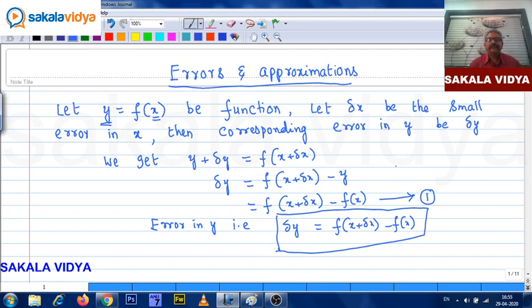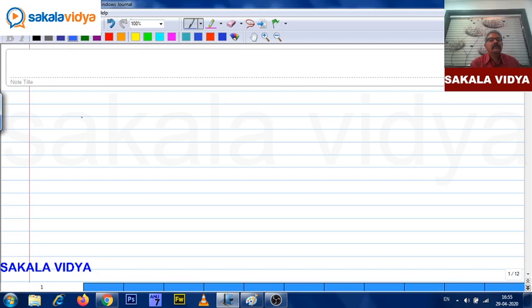Next, for example, we know that dy by dx equals the derivative f dash x.